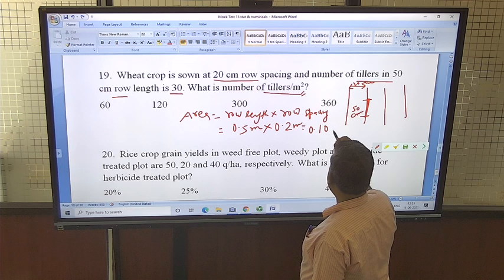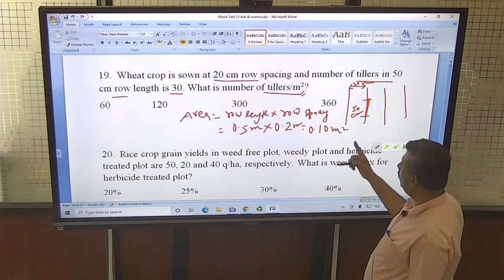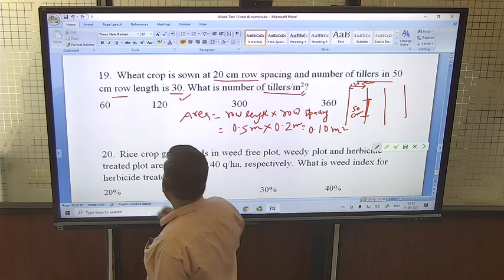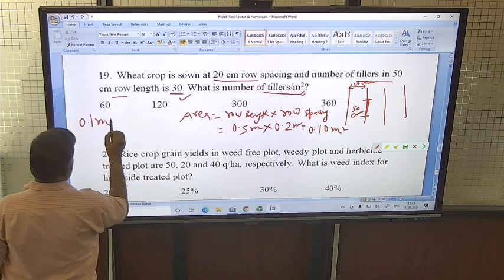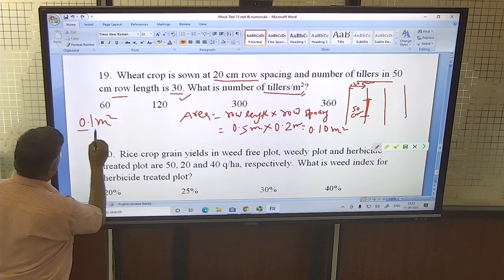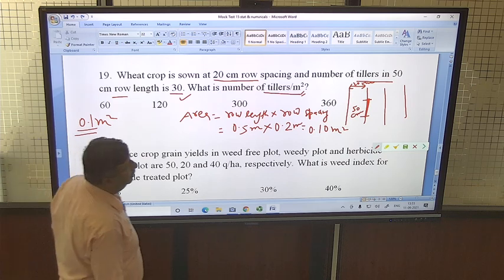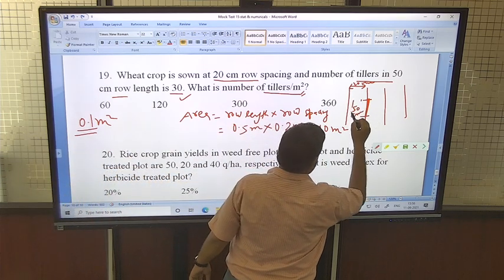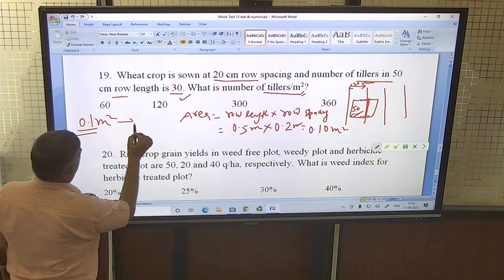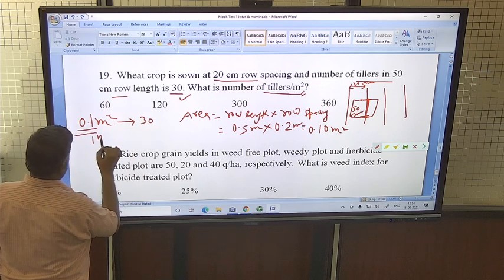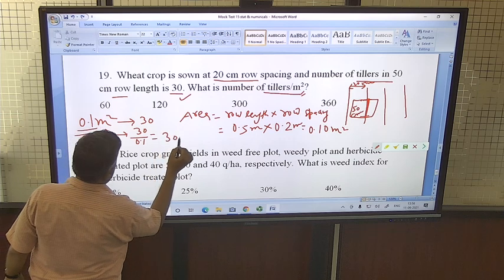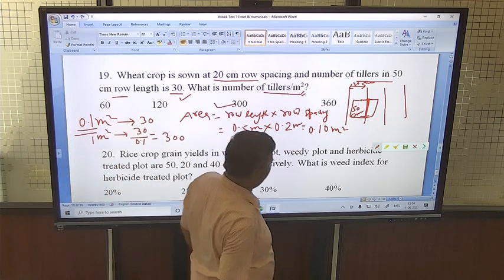It is 0.1 square meter. So in 0.1 square meter, the number is 30. Now we can easily calculate for 1 square meter: 30 upon 0.1, that is 300. So the answer is 300.